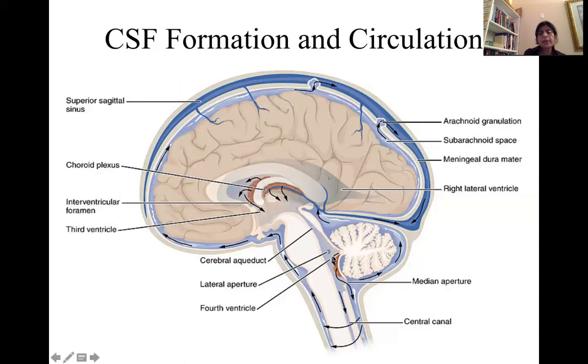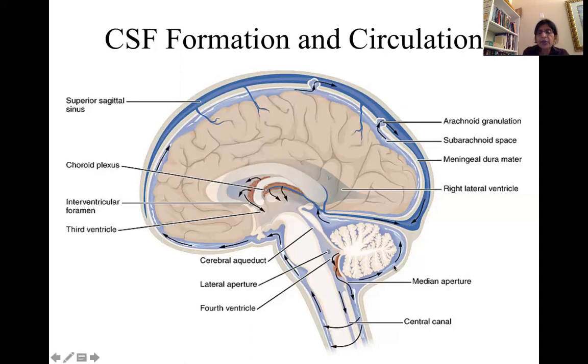The flow of CSF can be into the central canal, which is the continuation of the fourth ventricle, or depending upon the space that's created by these apertures, you have 2 lateral apertures and then 1 median aperture, CSF can get into the subarachnoid space. So it can take 2 paths, one to the subarachnoid space and another to the central canal. So there is the distribution of it.